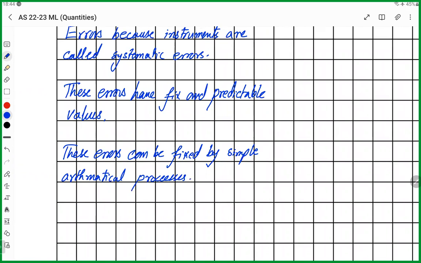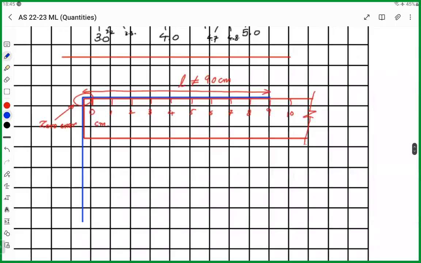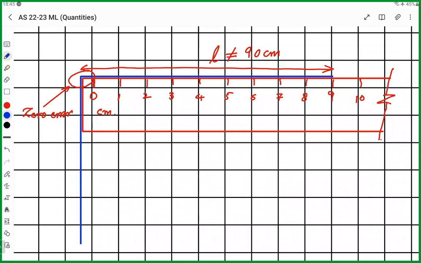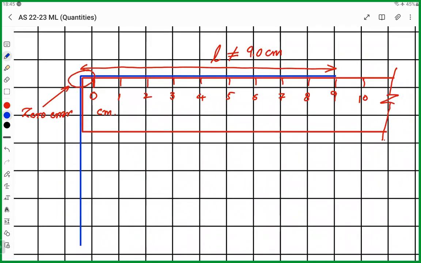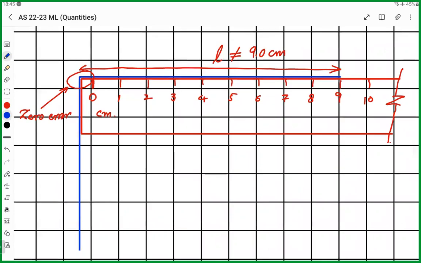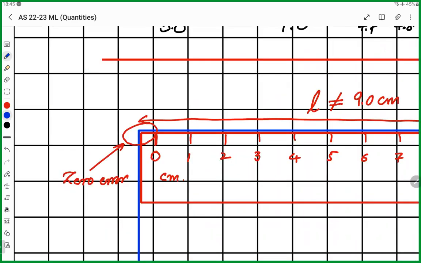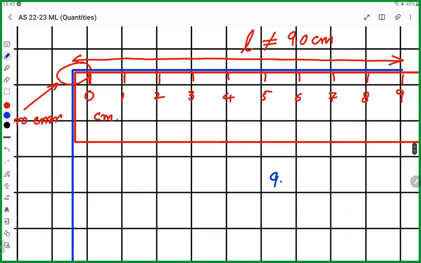Like we can simply add or subtract. If for example, we were measuring this corner, and the problem was that in the corner there was some extra ruler that was not included in the reading. What we can do is we can just record this reading 9.0 centimeter, which is coming on this ruler.